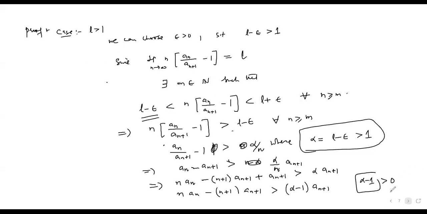Okay, so then, now what we do, I've got this thing. Let me write it again here. I've got a situation like this: n a_n minus n plus 1 times a_{n+1} is bigger than alpha minus 1 times a_{n+1}, right?